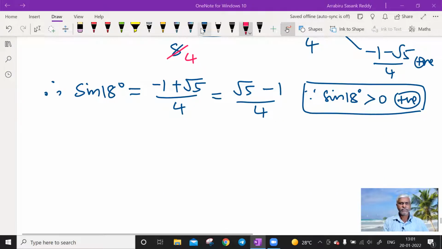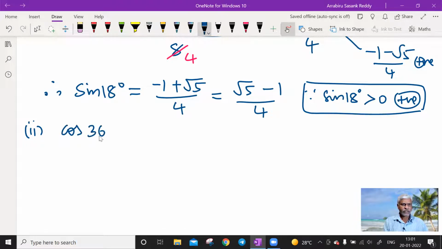Now, the second bit, cos 36. Cos 36 is equal to (1 plus root 5) by 4.